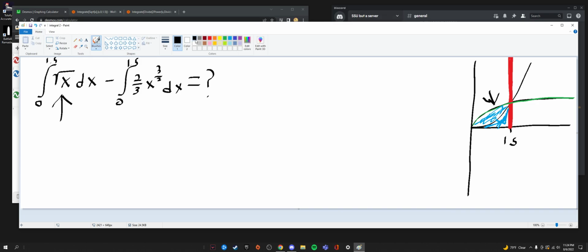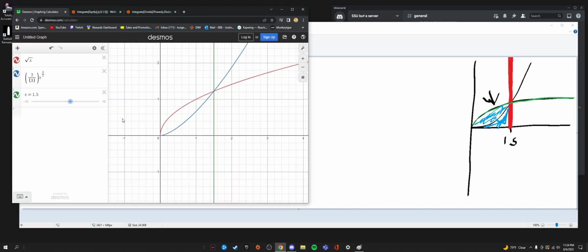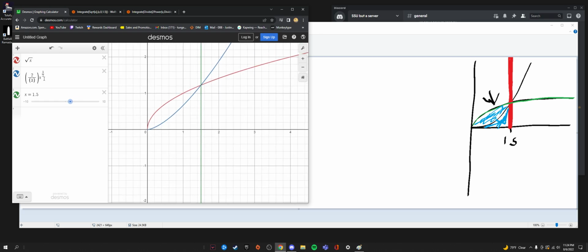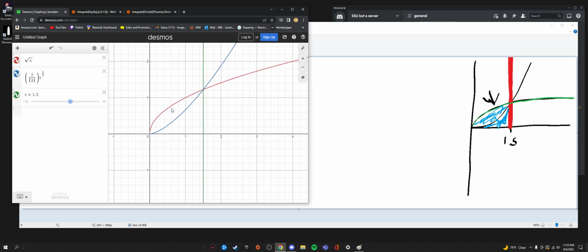And just to get a more clear representation, I have Desmos here to show: blue line is 2 over 3 x to the 3 halves, and then red is square root of x. I have x equals 1.5 to show where they intersect, and then we want this area bounded by both, or well, I guess bounded technically only by the square root of x, but we don't want this almost triangle looking area.